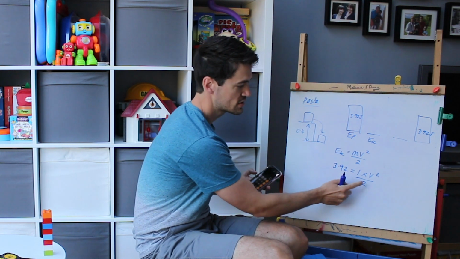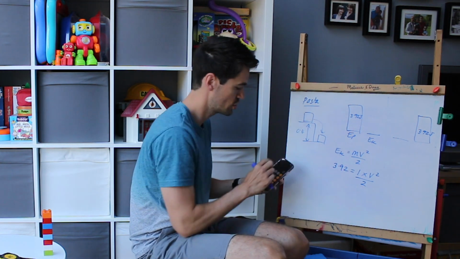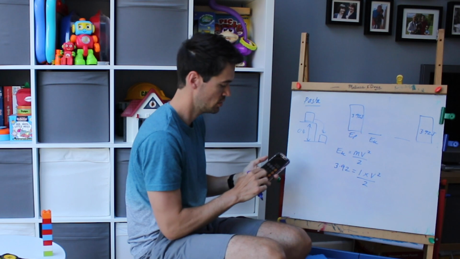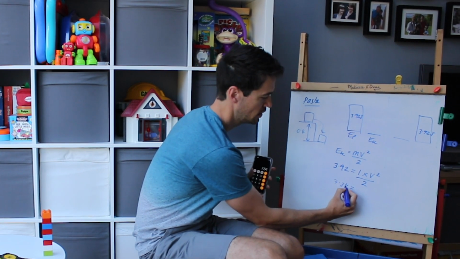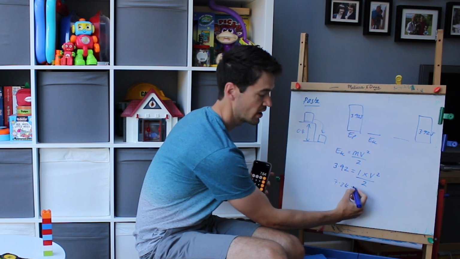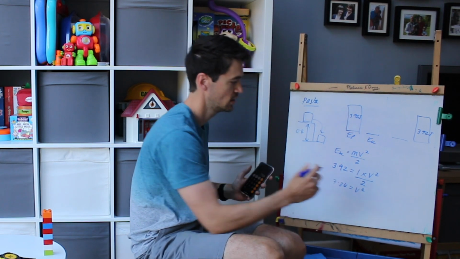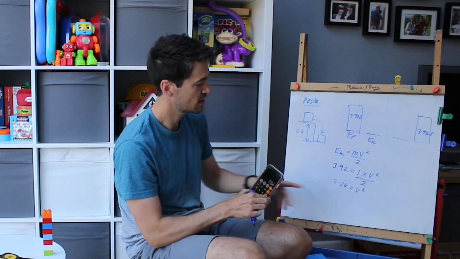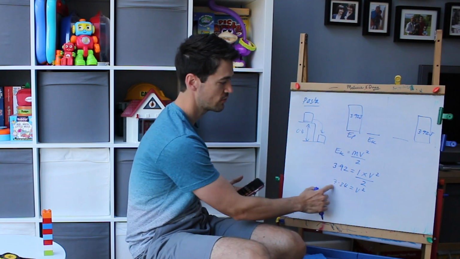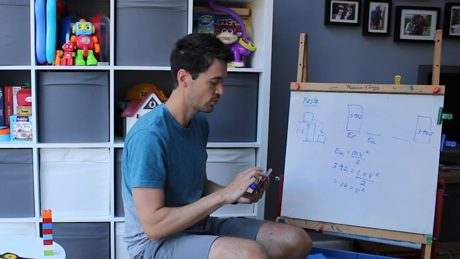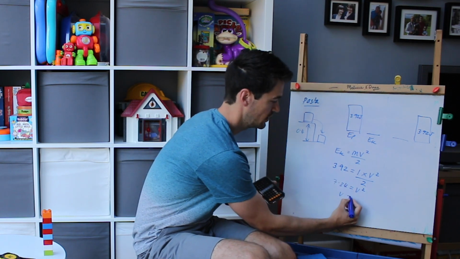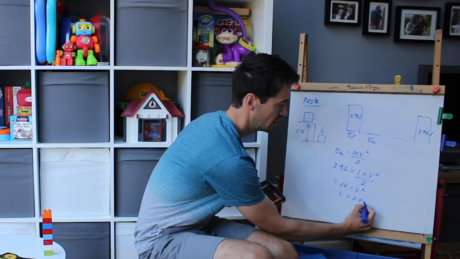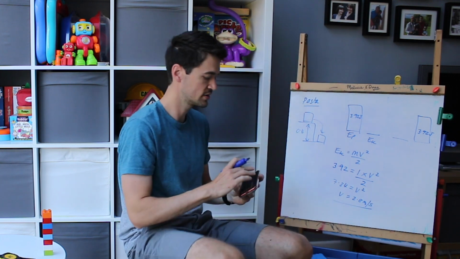We've got to times by 2 here, so we've got 2 times 3.92. That'll give us 7.84 is equal to 1 times v squared, which is just v squared. So then, to find out v, all we've got to do is square root 7.84. So if I press my square root button, we get v equals 2.8 meters per second.